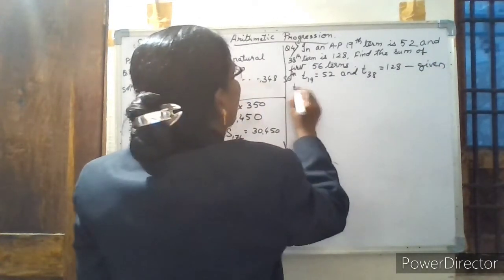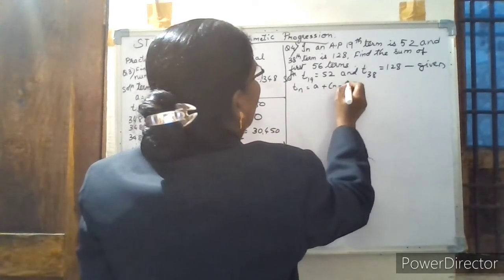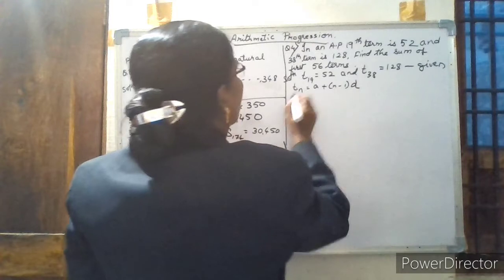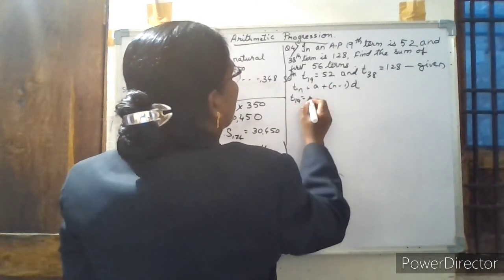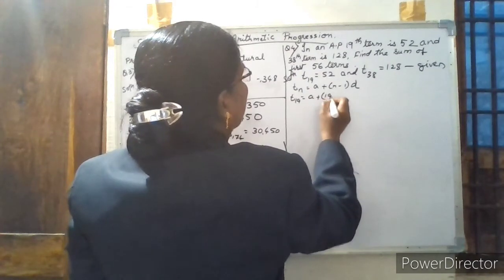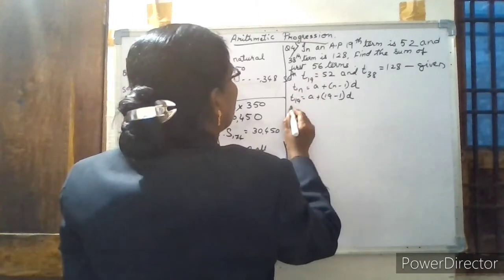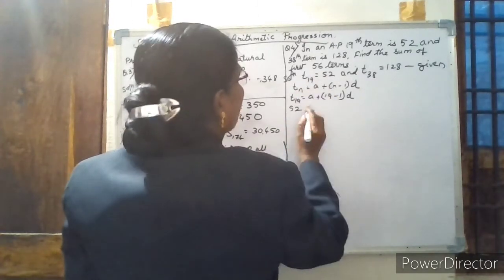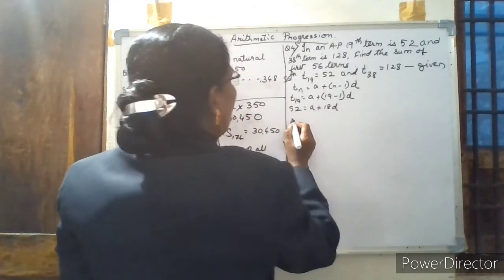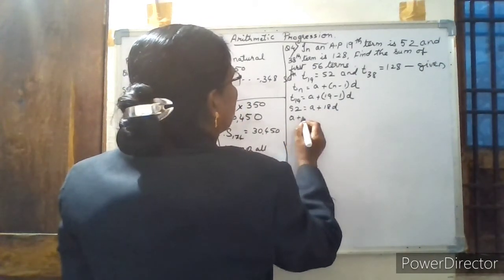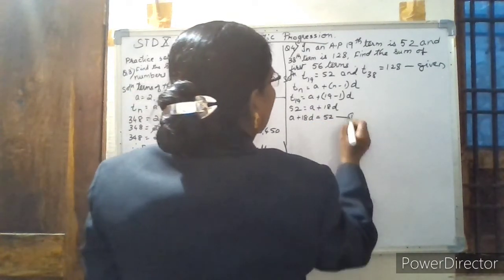The nth term formula is a plus n minus 1 into d. According to the formula, the 19th term is a plus 19 minus 1 into d. The 19th term value is 52, so a plus 18d is equal to 52. Take this as equation 1.